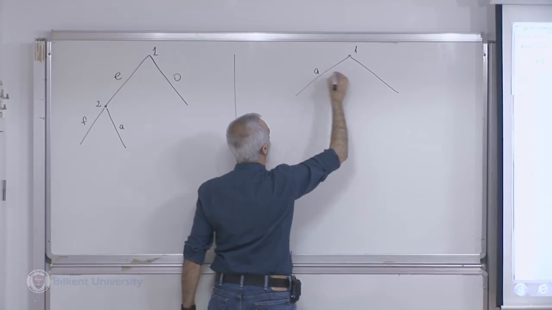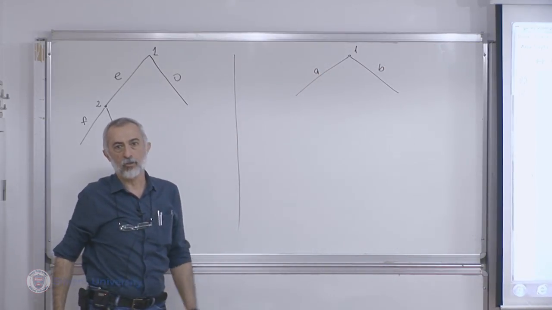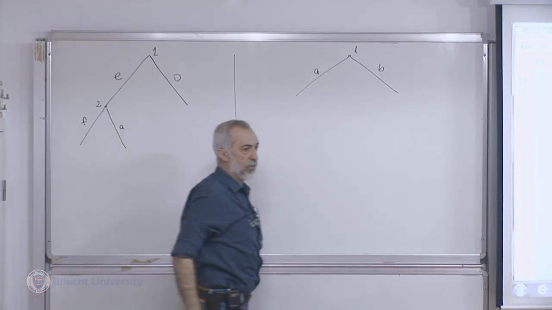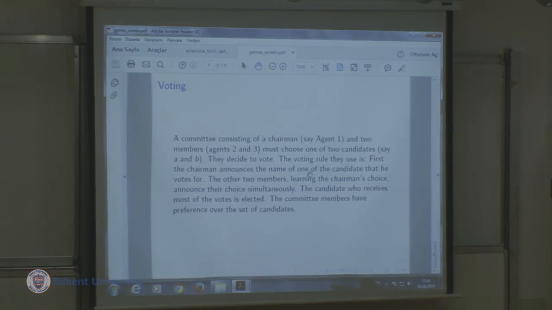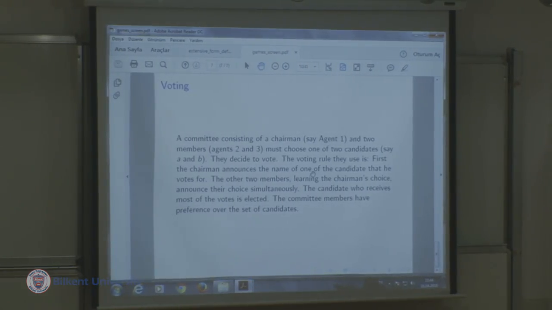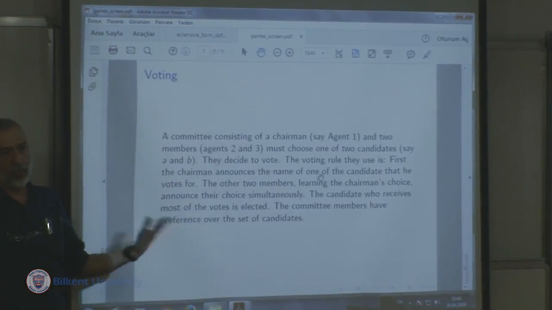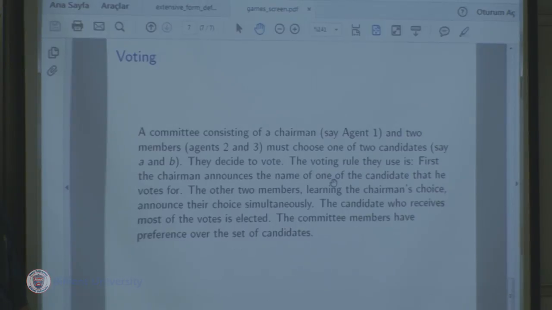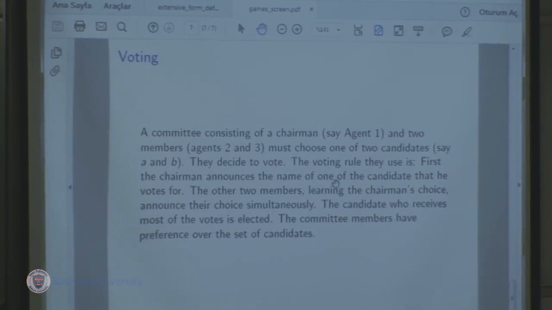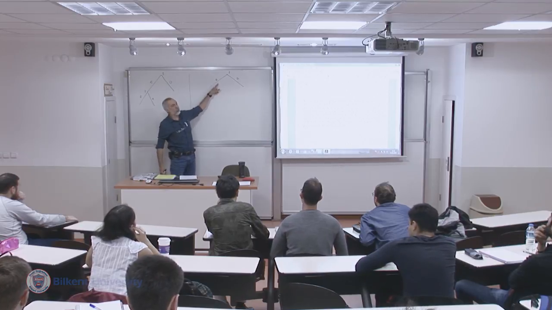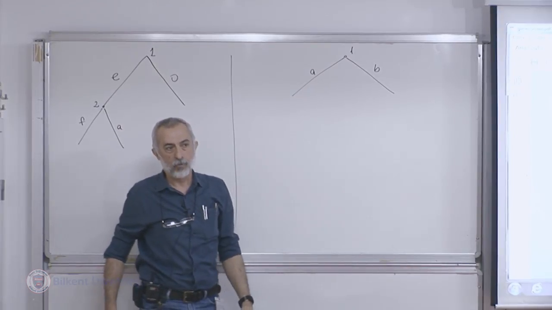He or she could vote for A or B. Both Agent 2 and 3 observed this and then decided on who to vote. So wrote their candidate on a piece of paper without showing to the other, and their votes were simultaneously revealed. So when Agent 2 was casting a vote, he or she only knew the vote of Agent 1 but did not know the vote of Agent 3, and the same for Agent 3.